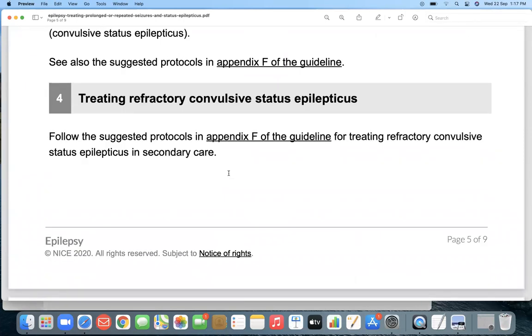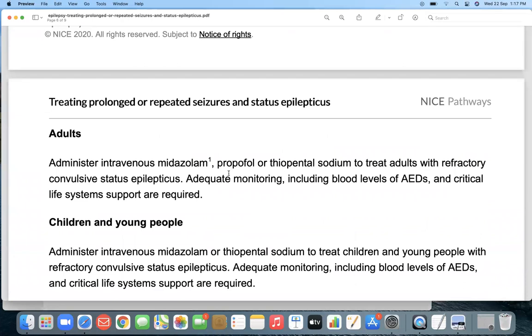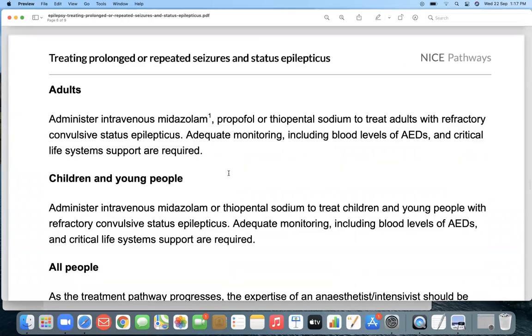Treating refractory convulsive status epilepticus, we saw already, the fourth step is you will involve the anesthetist for rapid sequence induction of anesthesia. So in children and young people, administer intravenous midazolam or thiopental sodium to treat refractory convulsive status epilepticus.